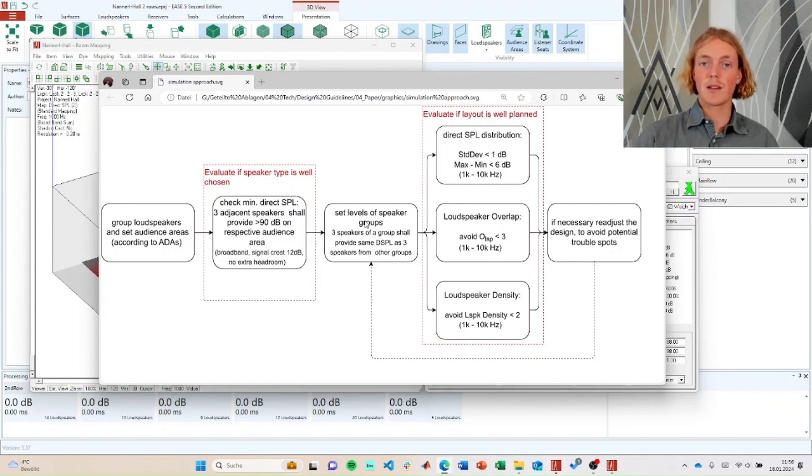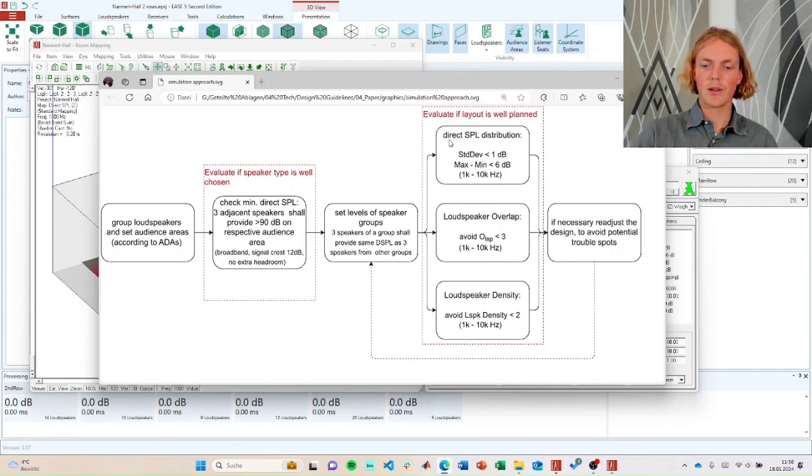We do that to get reasonable results in the next step, because when we try to evaluate if the layout is well planned, all the measures are based on DSPL considerations. That's why we don't want one processing block to be way louder than the others, because that would lead to not really reasonable results.